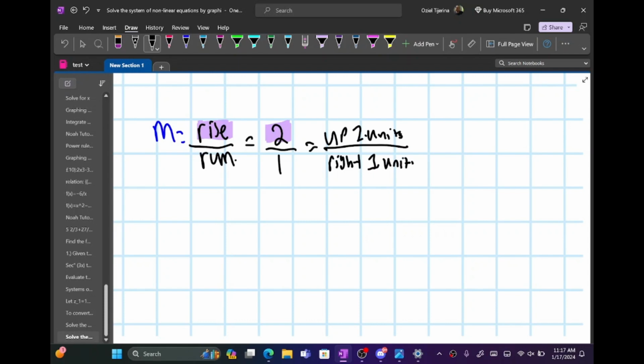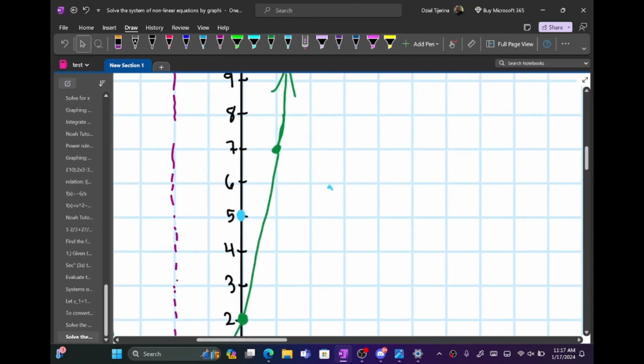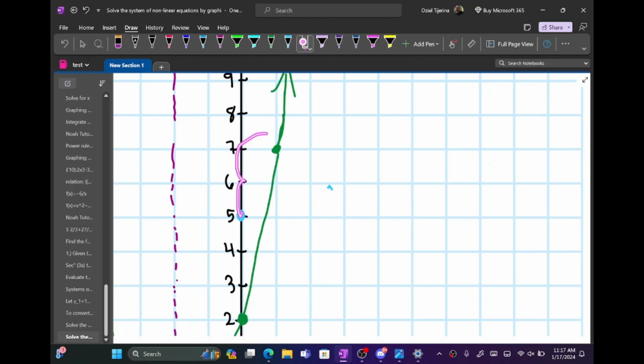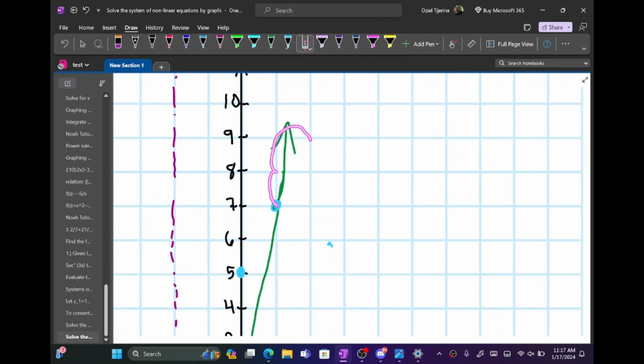From the y-intercept, we're going to go up 2 and to the right 1. So we know that that is a point. And then we're going to go one more time. So we know that this is another point.